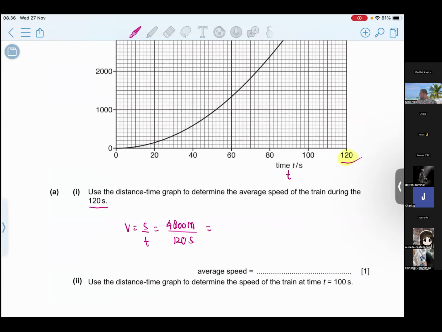Where is my calculator? We want to be quick. The zeros cancel, 480 divided by 12. Okay, 40 meters per second.